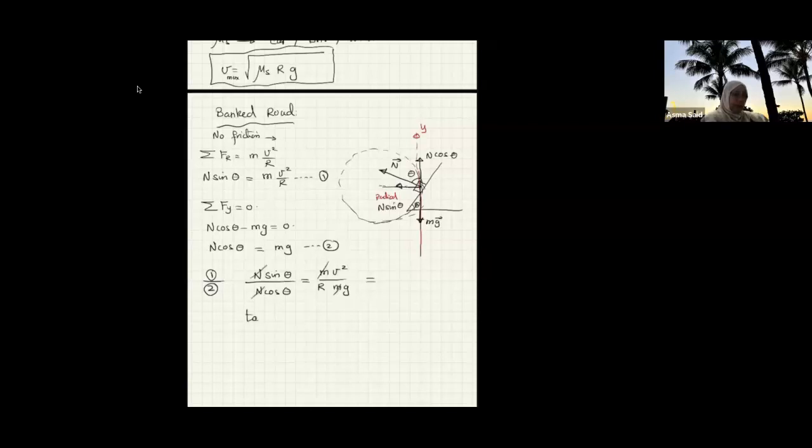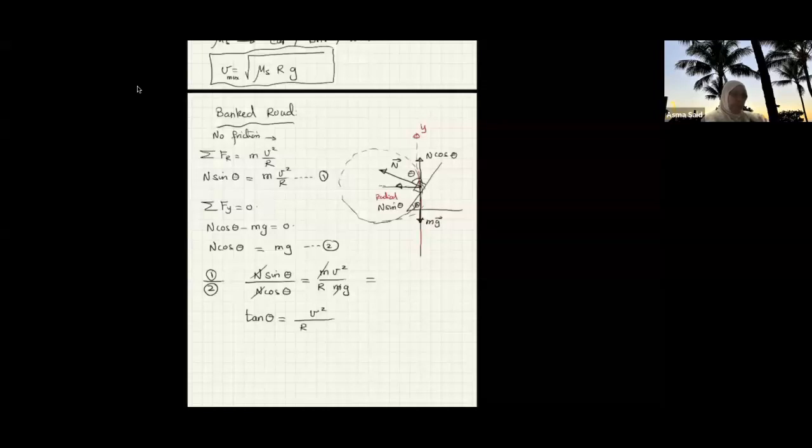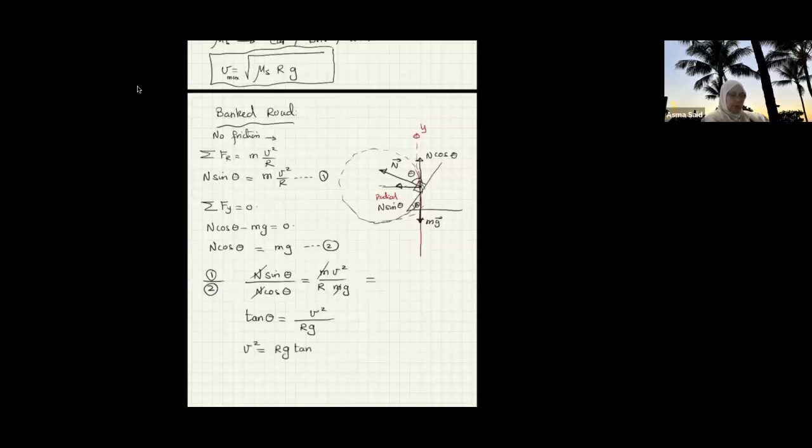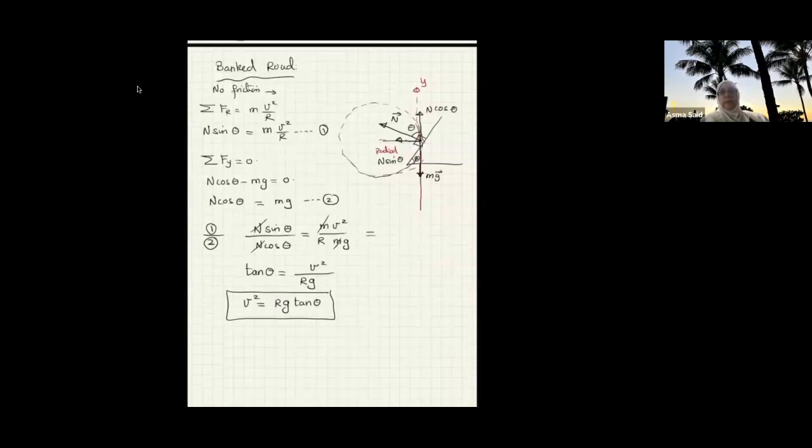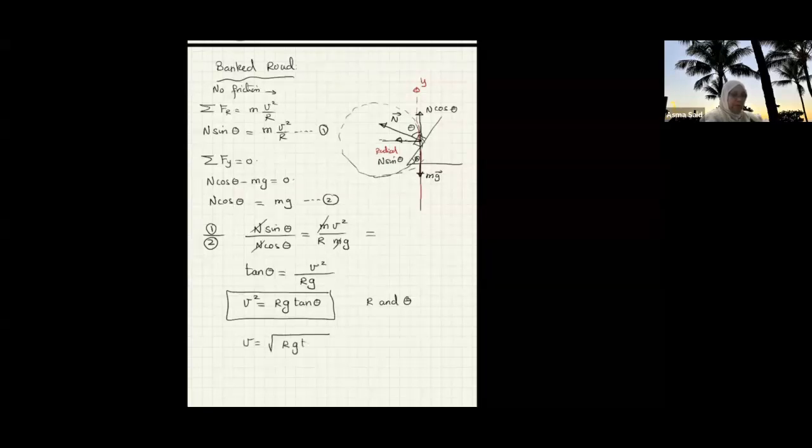This is going to be tan theta, and that is v squared over rg. Then v squared is rg times tan theta. For any road, we're gonna find that the road is characterized by r and theta. In order for this car to go safely over the road, it should stick with that velocity.